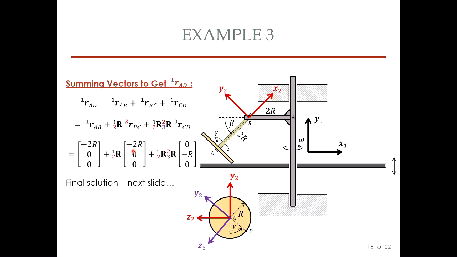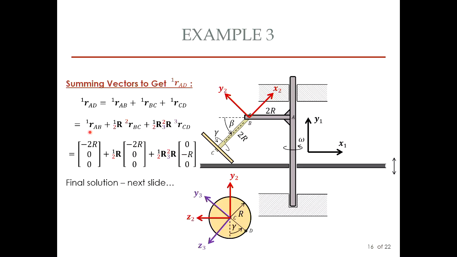So this vector is rbc in frame 2, and then I'm rotating it from 2 to 1 using the rotation matrix. And then finally from C to D, from the center of the wheel to this point D, I'm going r units in the negative y3 direction. So this vector is r from C to D in frame 3, and then rotated from 3 to 2, from 2 to 1.